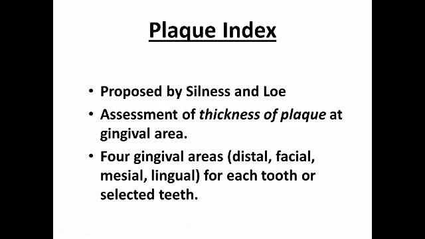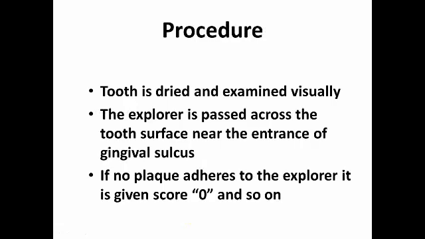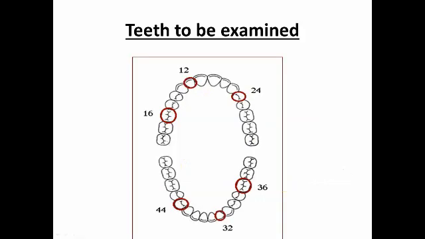The plaque index proposed by Silness assesses, as we told you, the thickness. Procedure: the tooth is dried and examined visually. The explorer is passed across the tooth surface. If no plaque adheres to the explorer, we give a 0.